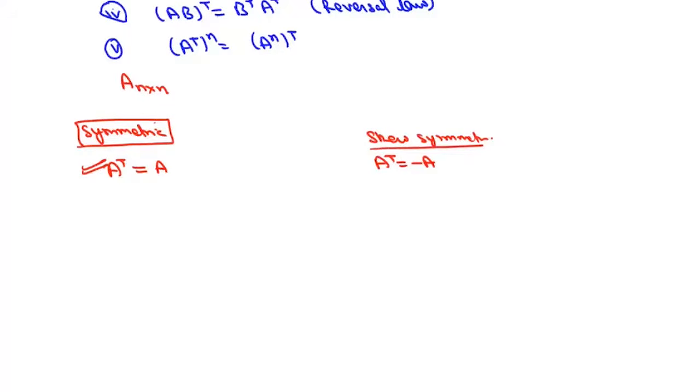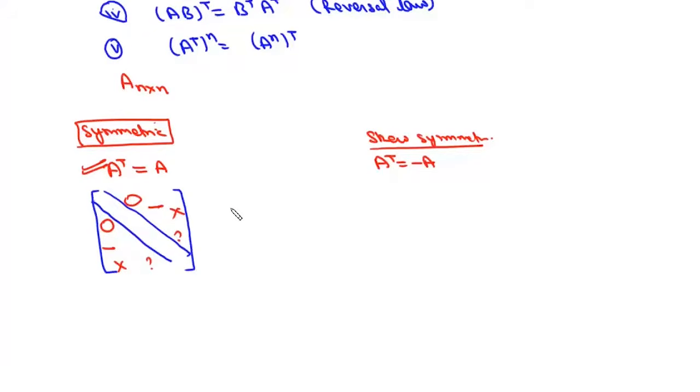Now how do we identify symmetric and non-symmetric matrices? In the case of a symmetric matrix, all the elements across the diagonal will be the same. So these two elements will be the same, these two will be the same, these two elements will be the same. So all the elements across the diagonal must be the same.